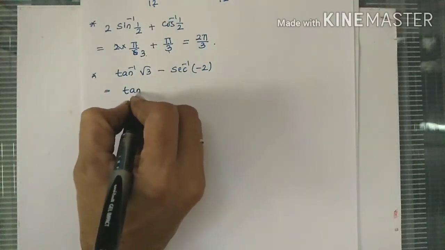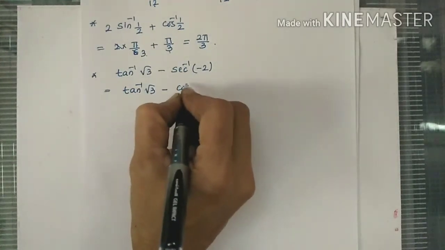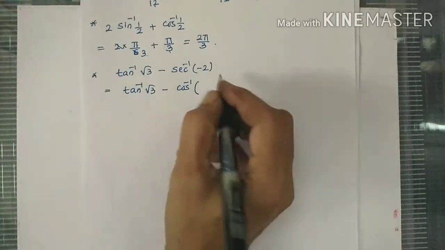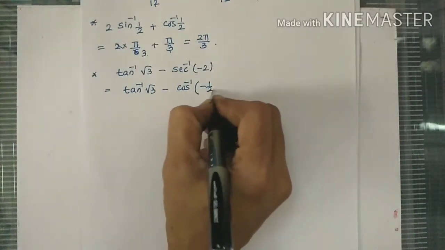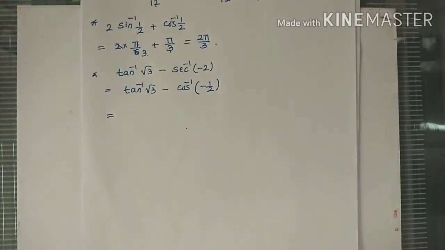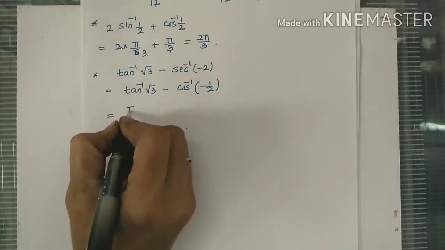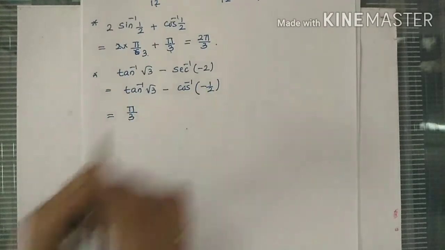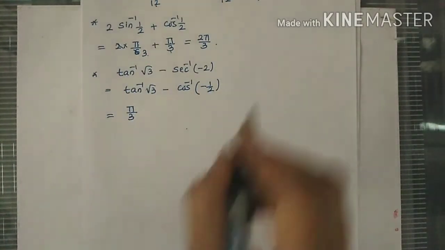So this becomes tan inverse of root 3 minus, so whenever it is cos inverse, we have to write reciprocal of this term, which is minus 1 by 2. So tan inverse of root 3, the angle for which tan is root 3 is 60 degrees, that is pi by 3 radians. So tan inverse of root 3 is pi by 3.